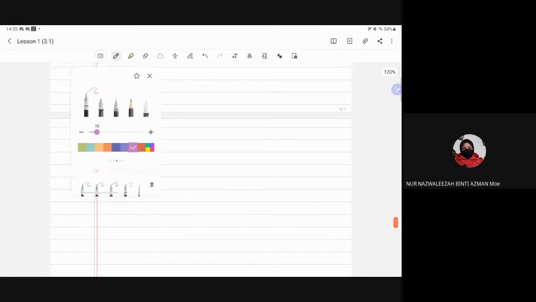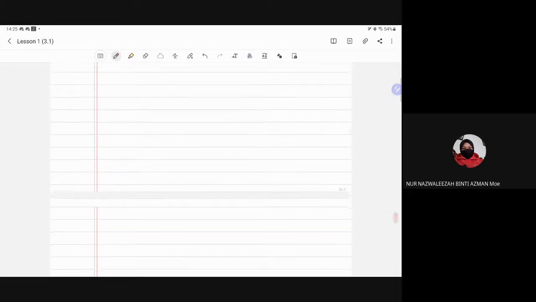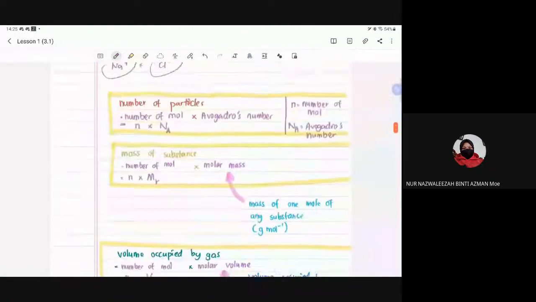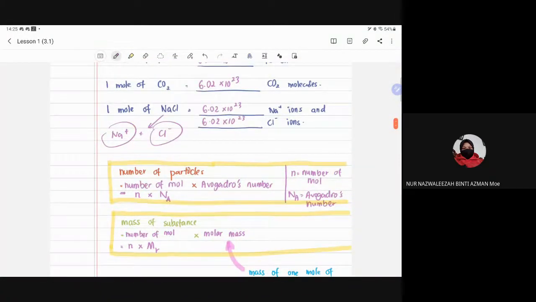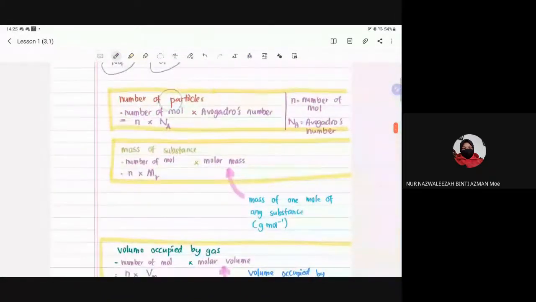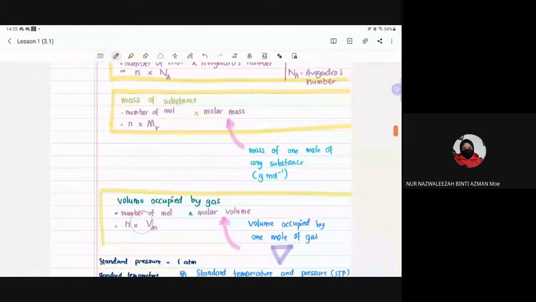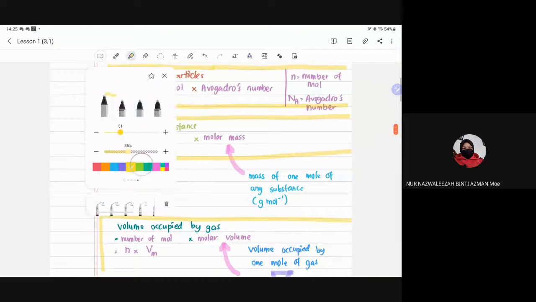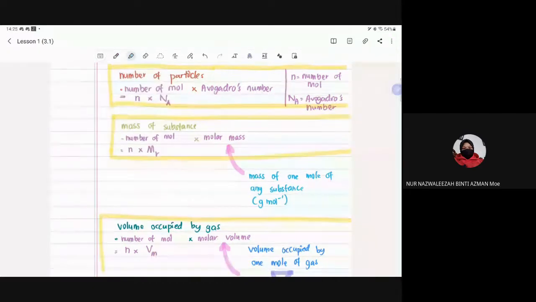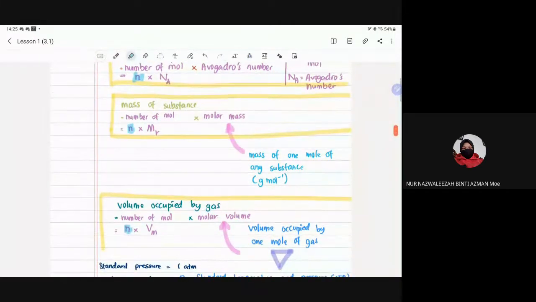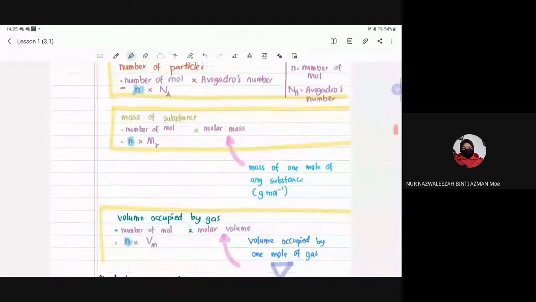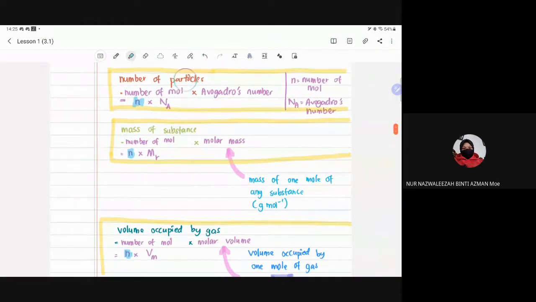So now, how can we do this? Kalau kita tengok dekat sini semua kan, ketiga-tiga formula ini, number of particle, mass of substance dan volume, the common term here is, I'm sure you have noticed by now, it is N. So N is a common term in all three formula, which means you can convert number of particle to volume for gas.